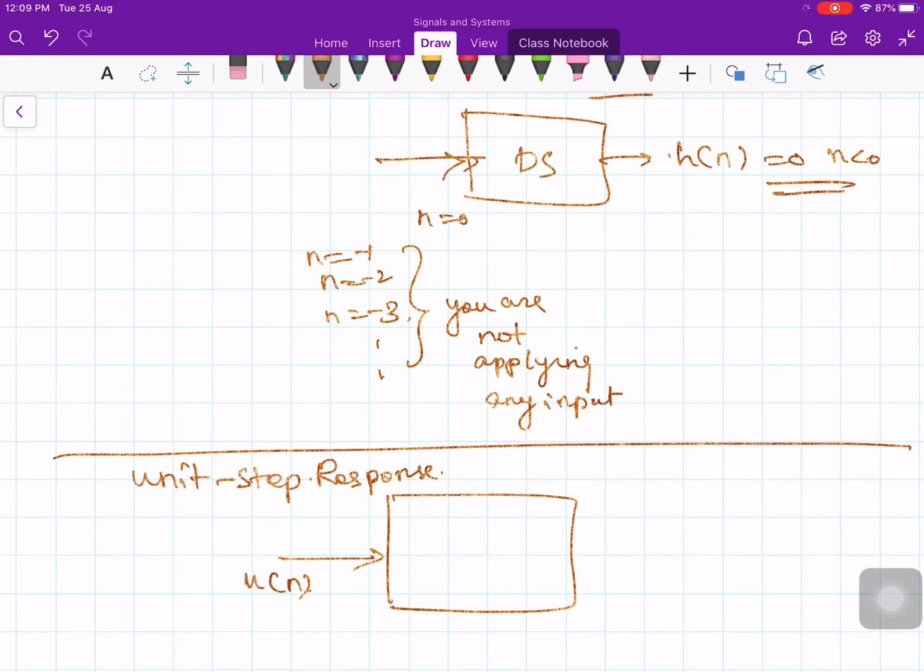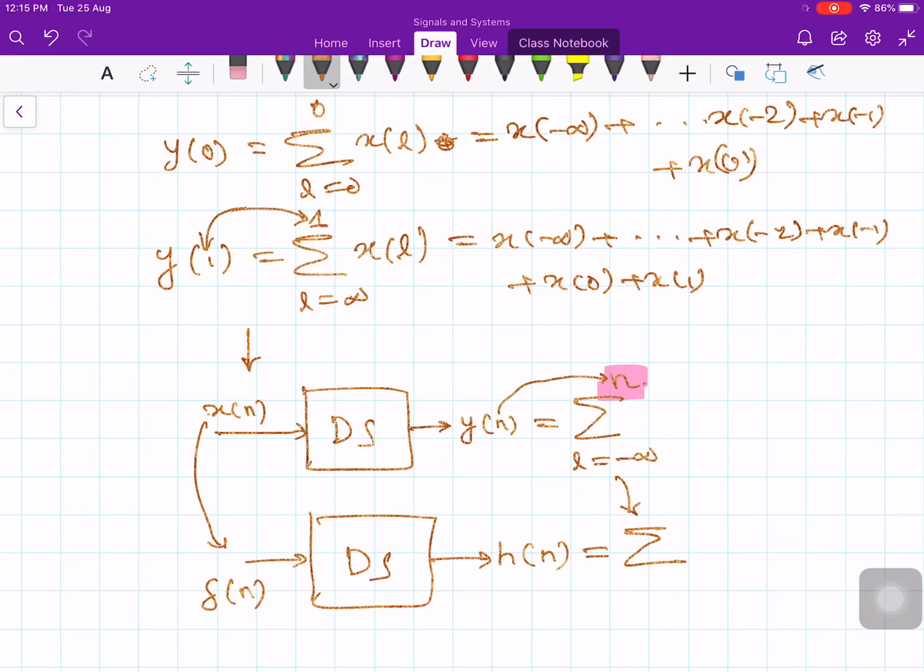Now you take the same discrete time system. Now instead of x of n, you apply del of n. So the input is del of n now. So what is the output? Now, output is denoted by h of n. So this h of n is in the same format, L equals minus infinity to n. Here this is x of L, right?